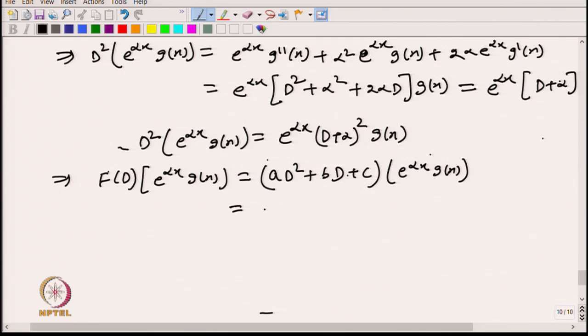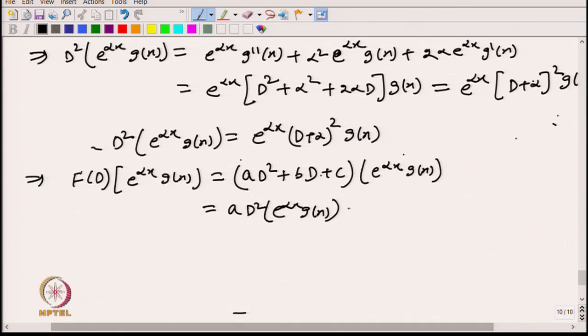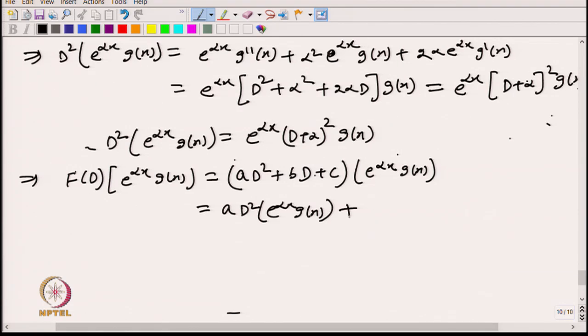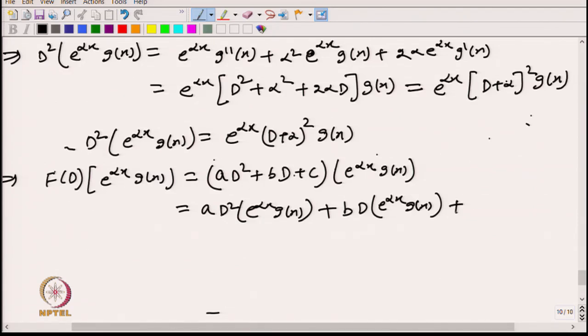So, this can be written as a d square of e alpha x g x plus b d applied on e alpha x g x plus c e raised to power alpha x g x.